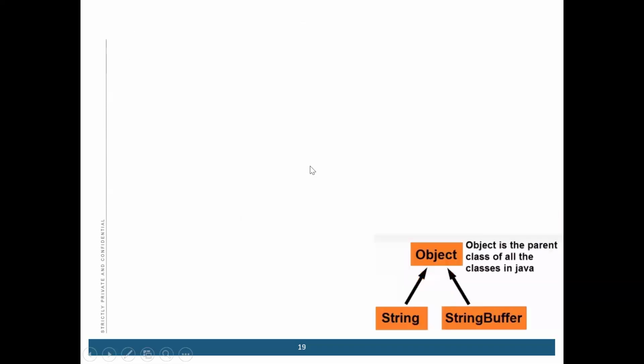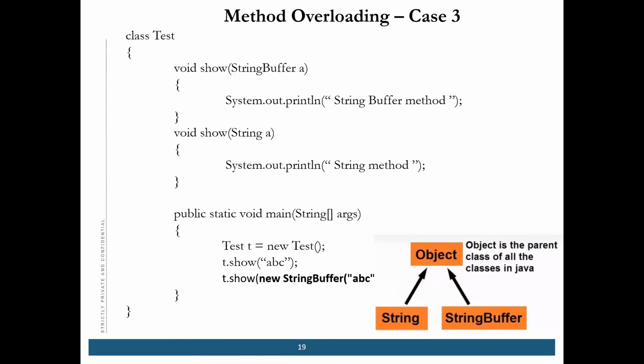Now, as I said, object is the parent class for all the classes in Java. So string also calls object if there is no perfect match, and string buffer also points to object.